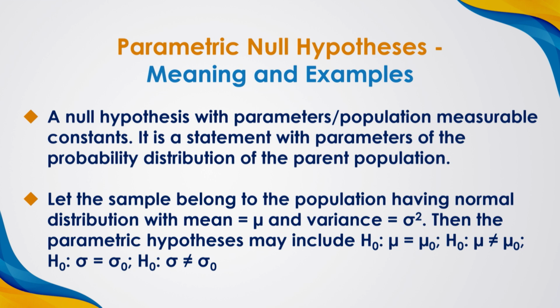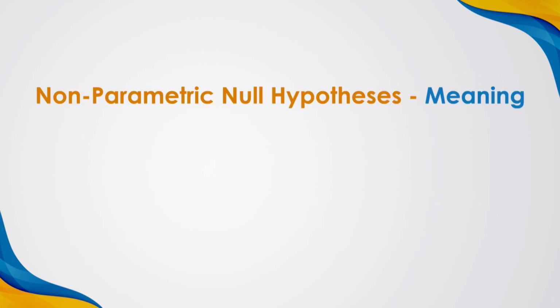If you mention mu and sigma completely, without any ambiguity, in a neutral, unambiguous, impartial statement, then any hypothesis which has the properties of being about a parameter as well as being neutral, you call a parametric null hypothesis.